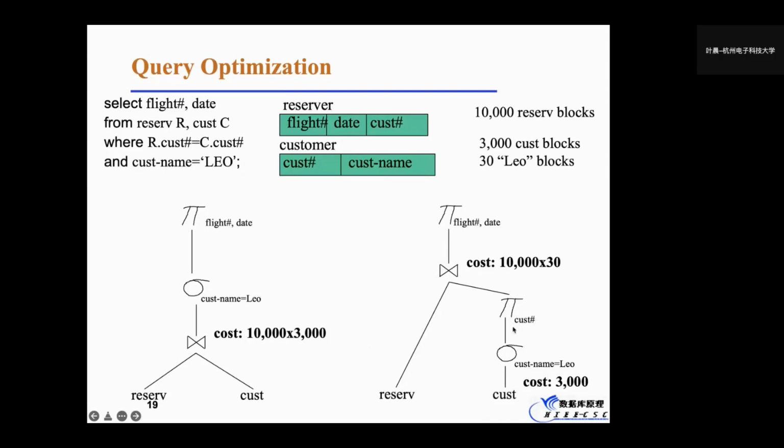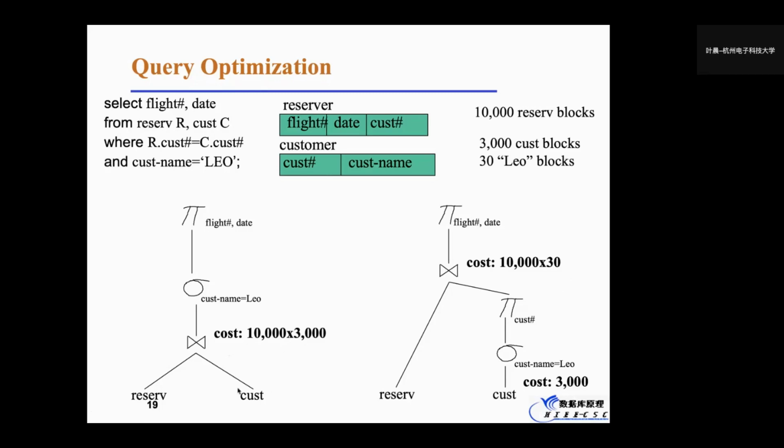The cost here is 3,000, and then the total cost of the natural join is 10,000 plus 30. And here, if you first make a natural join, the cost is 10,000 plus 3,000. So that is much larger than this one.